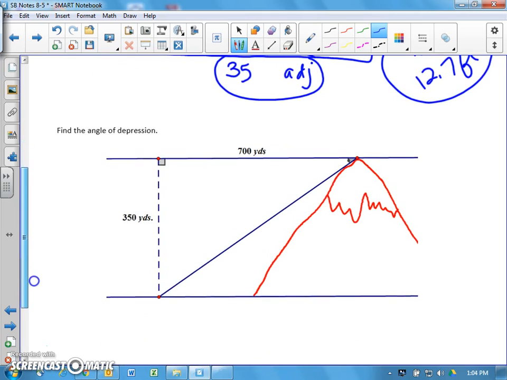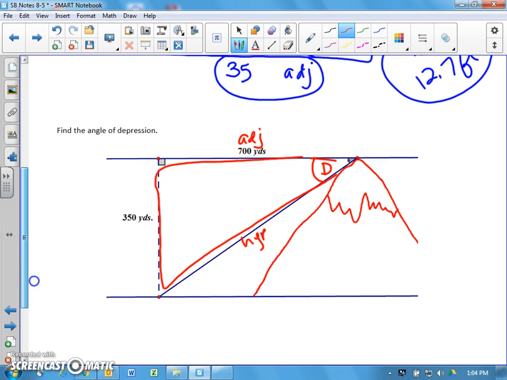Trig can be used to find the angles themselves as well. Here it's asking us to find the angle of depression. So first let's figure out which angle they're talking about. Find your horizontal and look down. So this should be my angle of depression from the top of the mountain to the bottom. Given this triangle right here, with this angle, this is my adjacent side.